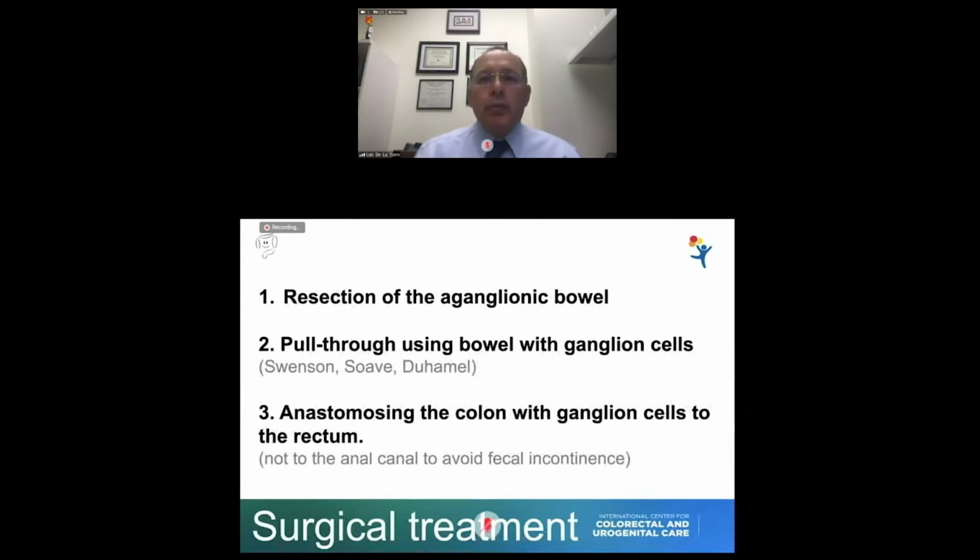Currently, in patients with a short segment or rectosigmoid, we do this operation without colostomy, and we call this primary pull-through.